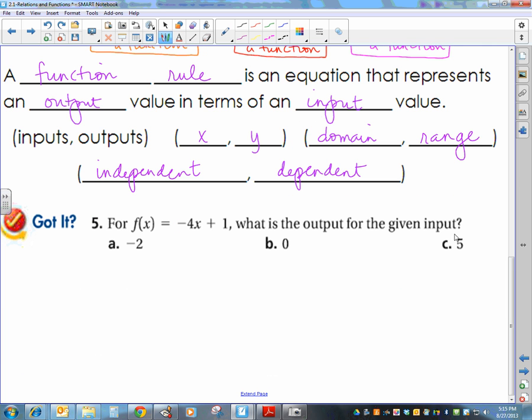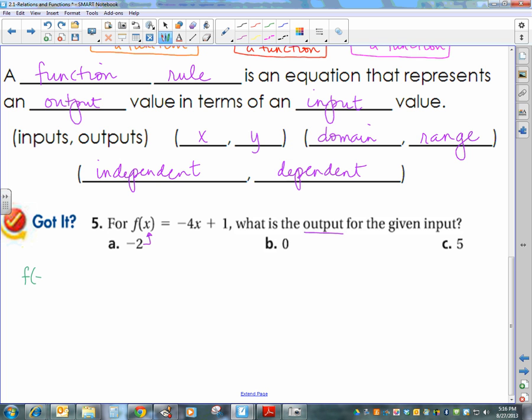Okay, so what are you going to have to know about function rules? You're going to have to know how to find the output. For f of x equals negative 4x plus 1, what is the output for the given input? All you're going to do is take that value that they give you for an input and put it in where you see x.